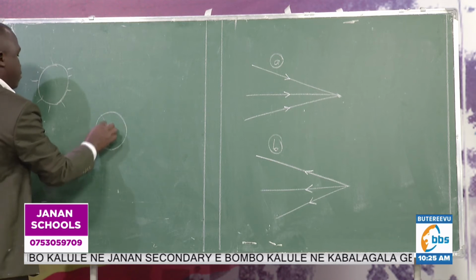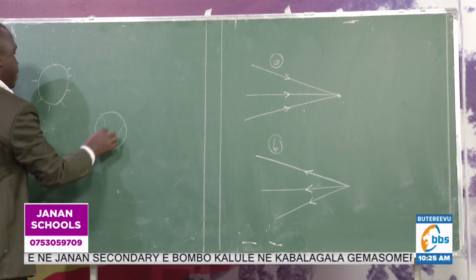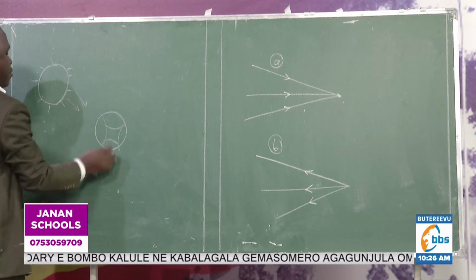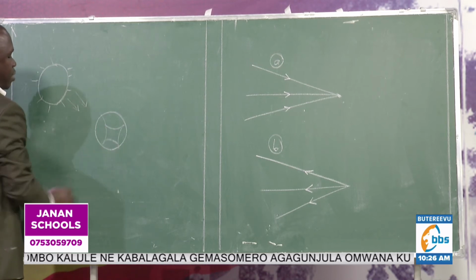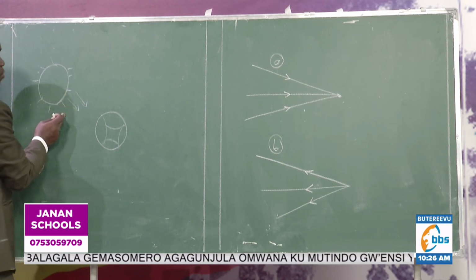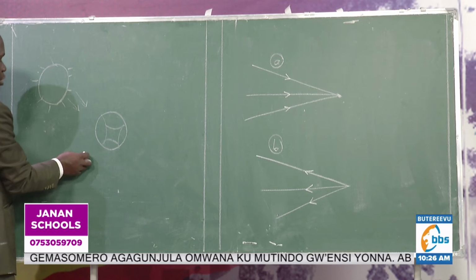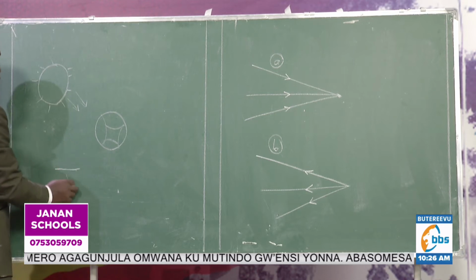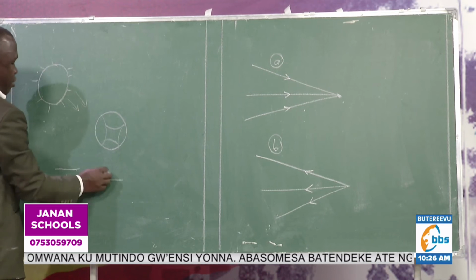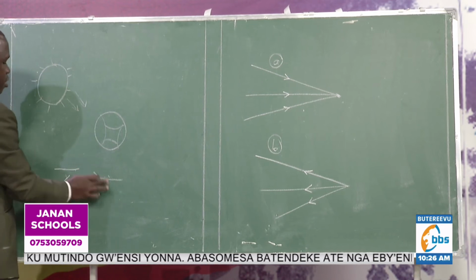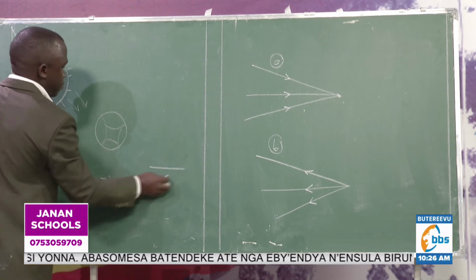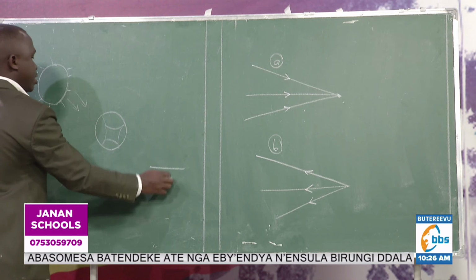of a ball. Then they ask you to draw the shadow. Now, you must be very careful. Where do you draw the shadow? If you draw it here, that is wrong. And if you draw it here, that is still wrong. What if you draw it in that position?